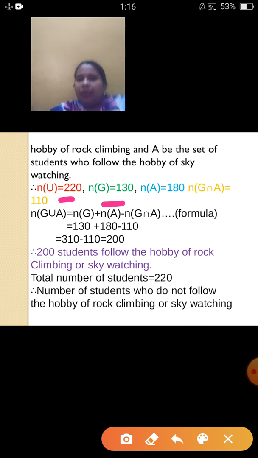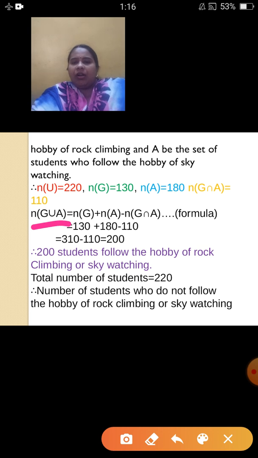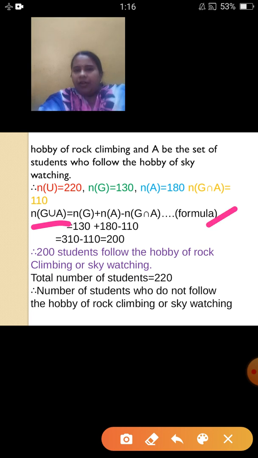Now using the formula, if I find out n of G union A, what will it be? It will be those students who have the hobby of either rock climbing or sky watching. As I have told you, union means or. So use the formula n of G plus n of A minus n of G intersection A. Okay, substituting the values: 130 plus 180 minus 110.